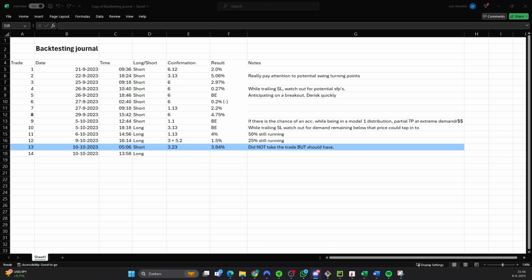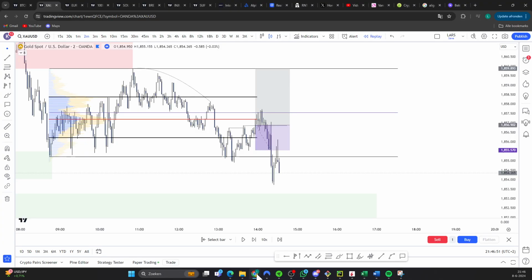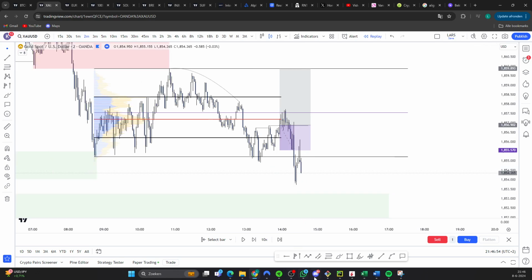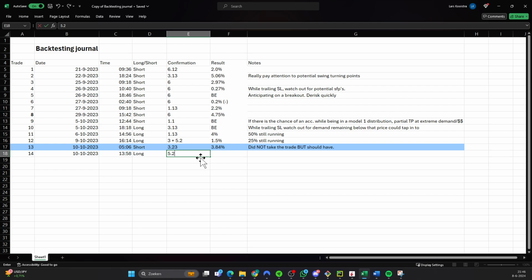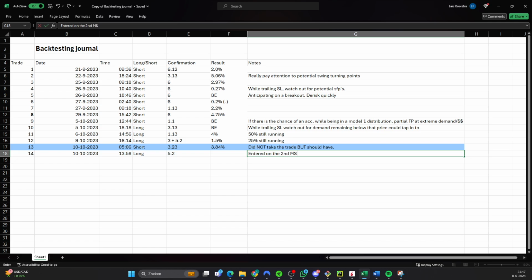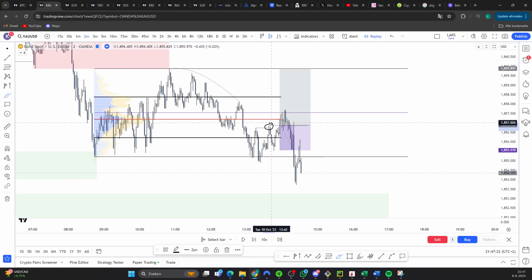It was a 5.2. It was 5.2 for sure. And then what I'm gonna say is entered on the second market structure. I understand what I mean. It's like I entered on the second market structure, meaning I didn't enter on this break, I entered on the second one.